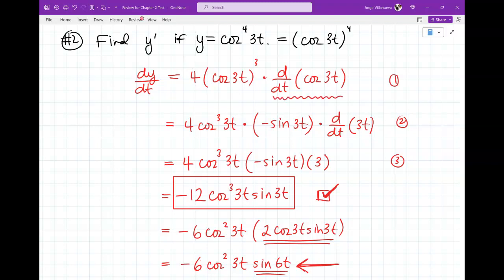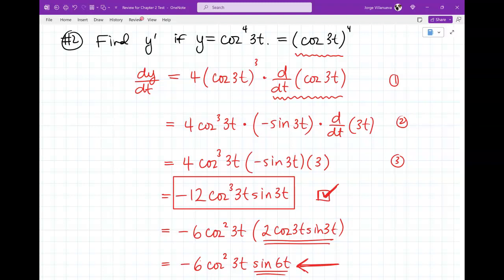It's because, remember, to do the chain rule, in this case, there's 3 embedded functions, or there's 3 functions, okay? And you can see it right here. The parenthesis to the 4th, that's your big function, the 4th power. Inside is cosine of 3t.